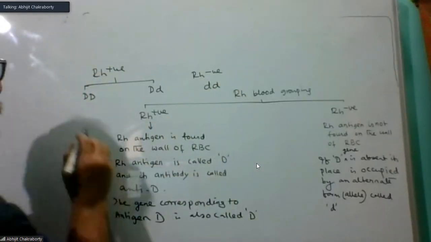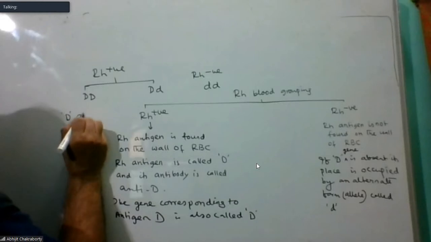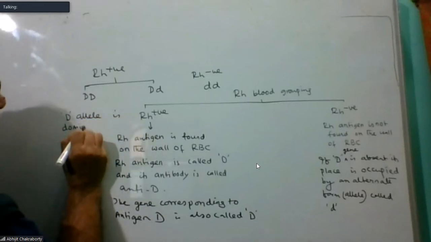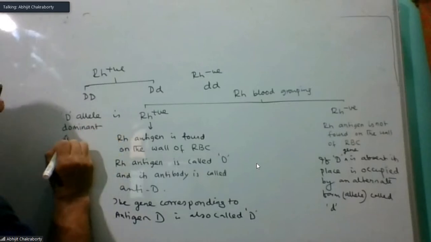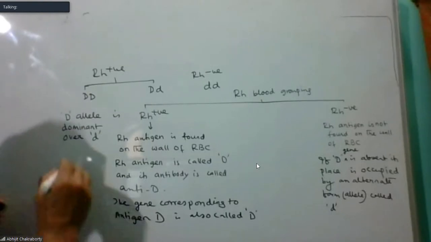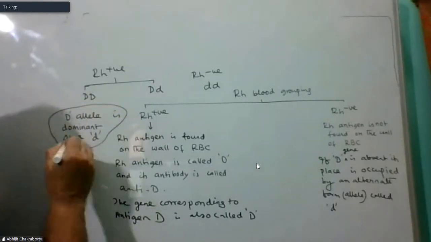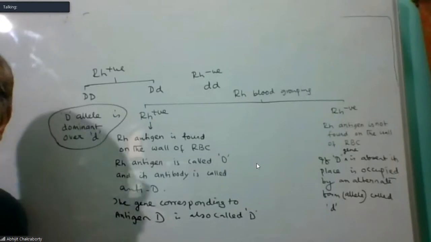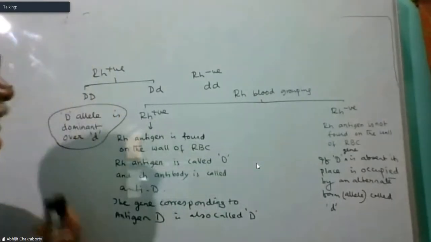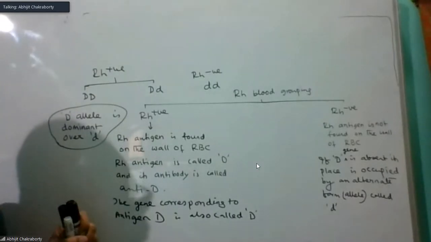So if you remember, this D allele is dominant over small d. D allele is dominant over small d.